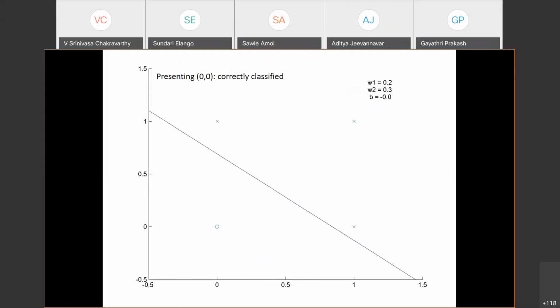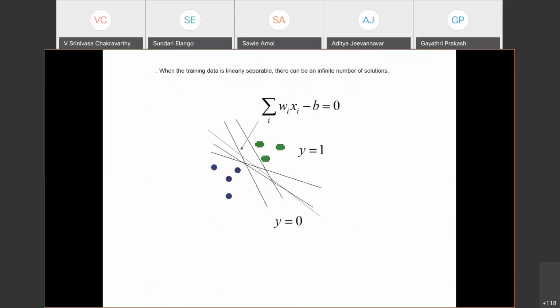Now the weights have changed, so the decision boundary has changed. And now you see that the pattern for which it was making a mistake earlier, 0, 0, is now giving the correct response. Correct response for 0, 1, correct for 1, 0, correct for 1, 1. So it's able to learn the correct responses for all the 4 patterns, 100%. This gives a flavor of how this kind of neuron can learn to classify. It's a very simple example also.